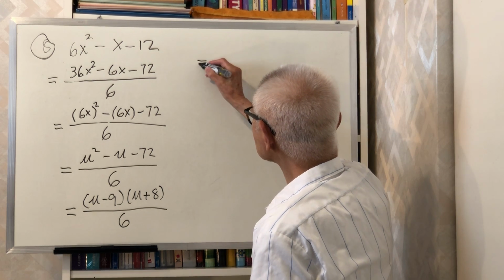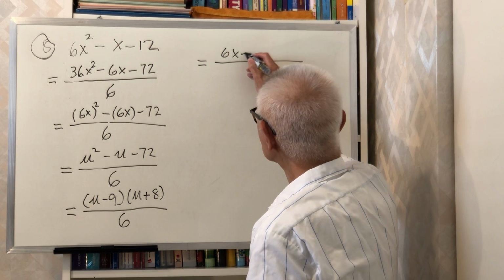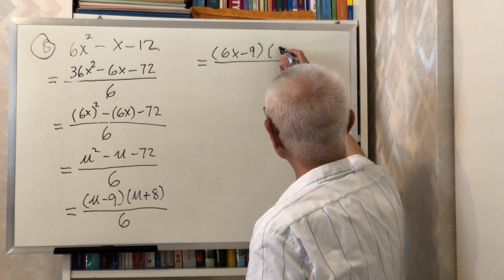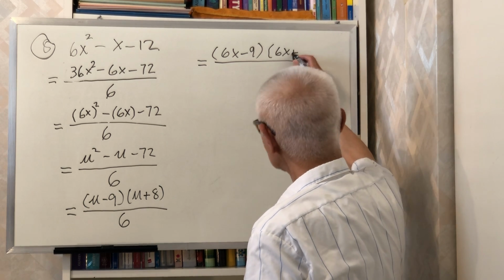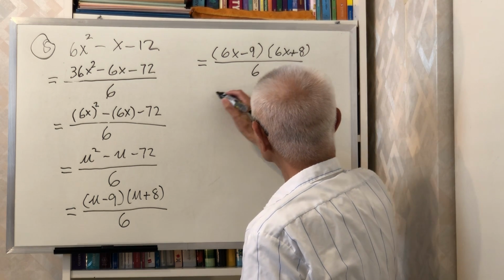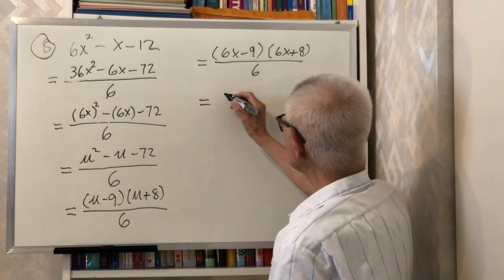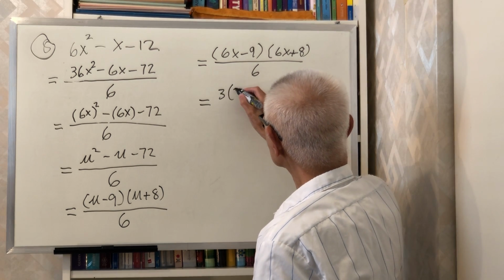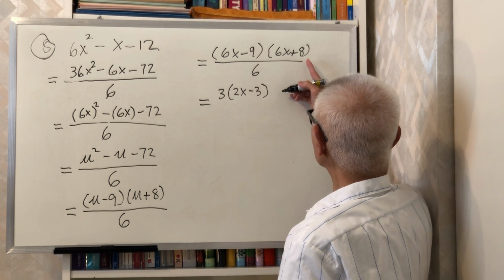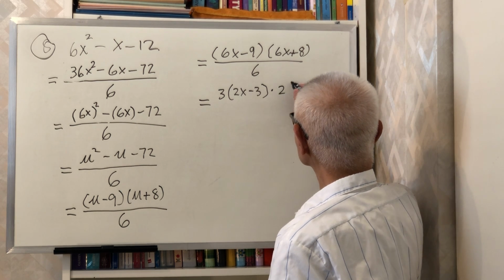u is 6x. Here I have a common factor 3. Here I have a common factor 2.